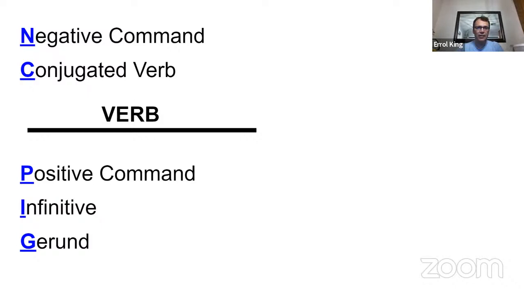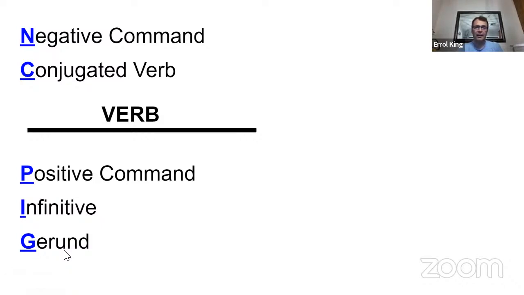If it is either of those two, the pronoun is going to go before the verb. If we have a positive command, an infinitive, or a gerund, we're going to place the pronoun after the verb.